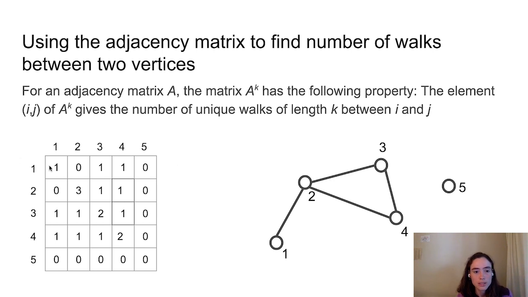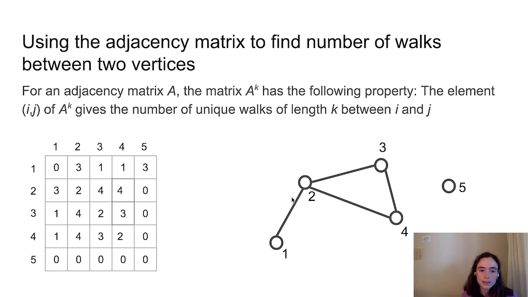So this is accurate. If we look at the entry for 2 and 3, we should be able to find one walk of length 2 between vertex 2 and vertex 3. If we start at vertex 2, we can go to vertex 4 and then 3 to find one walk of length 2 between the two vertices.